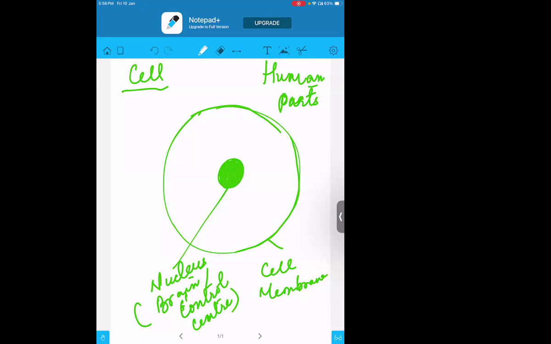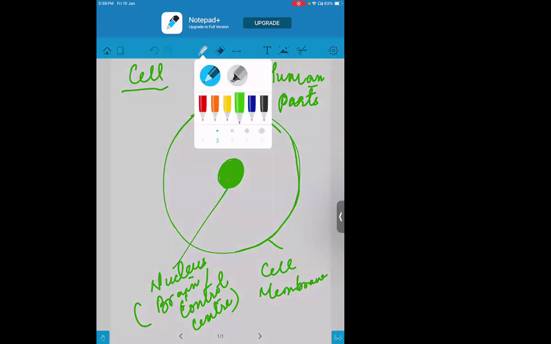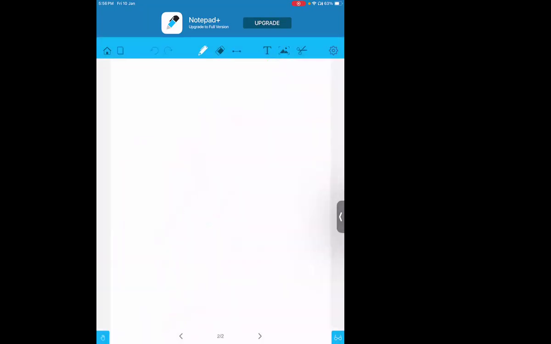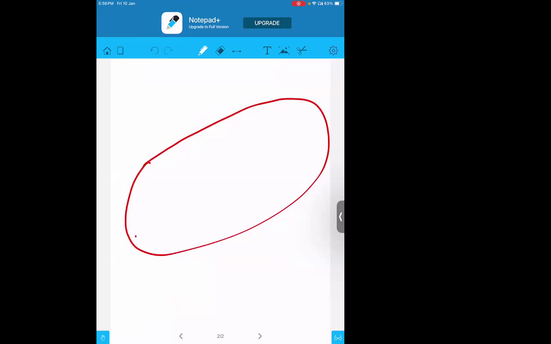Now, apart from that, there are structures like this. I'll draw this structure in a larger size. Here. Now, this is what the mitochondria is. This mitochondria is basically a double layer. How many layers does it have? Two layers are there.